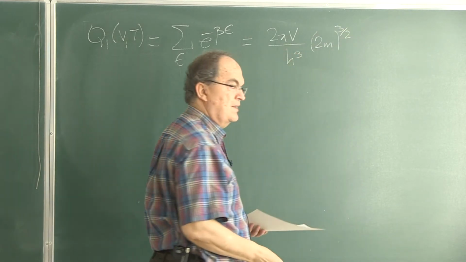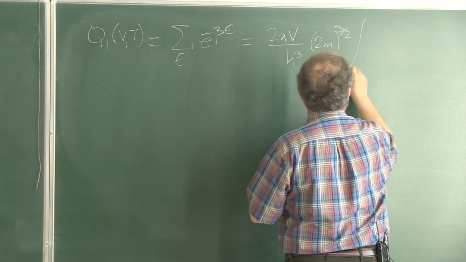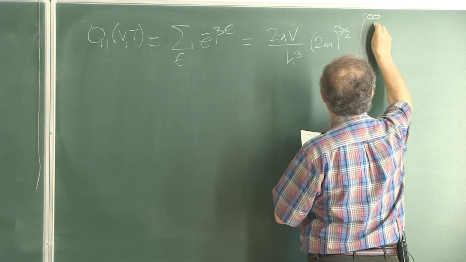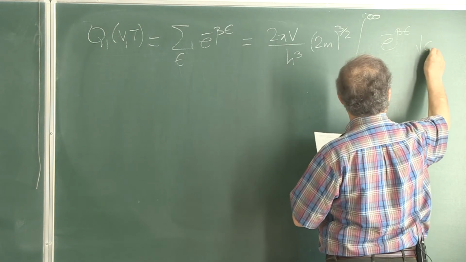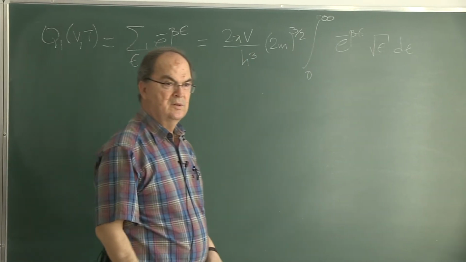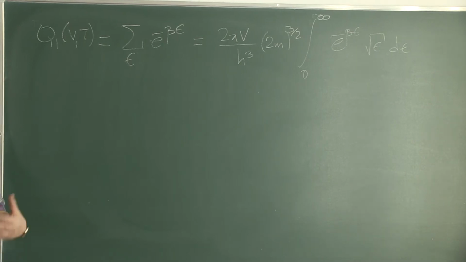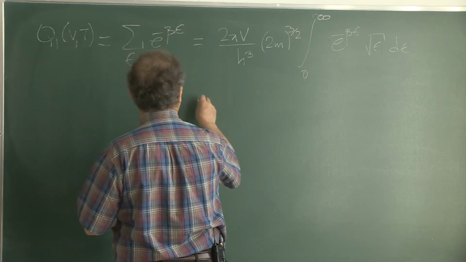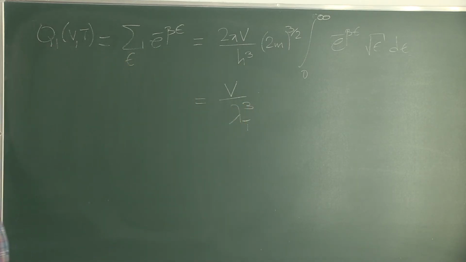What I'm doing is to write explicitly this density of states, integral from 0 to infinity of e to the minus beta epsilon, square root of epsilon, d epsilon. So apart from the exponential function, the rest is density of states that is needed to turn a sum into an integral, as we have discussed before. And of course, this comes out to be V over lambda_T cubed.